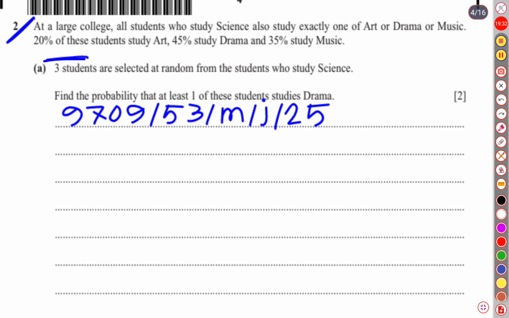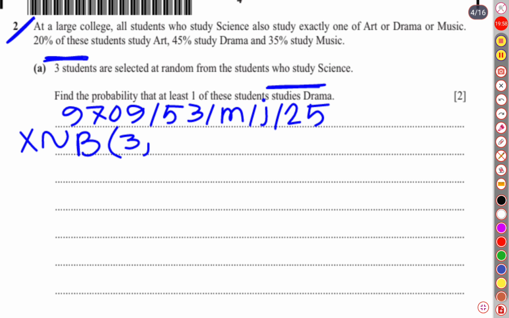As the total number of experiments is given and the individual probability is also provided, it belongs to the binomial distribution. Let us start our writing. X belongs to the binomial distribution and the parameters are: total number of experiments is 3 and the individual probability is the probability of those who study drama.